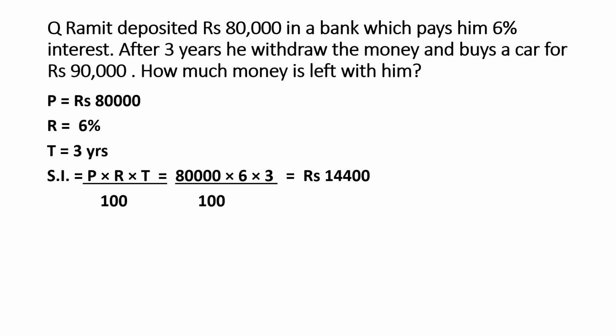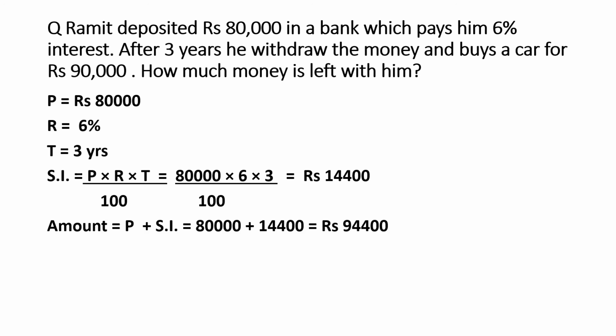First we need to calculate simple interest. Simple interest is equal to P into R into T by 100: 80,000 into 6 into 3 by 100, that is 14,400. Now simple interest we have taken out. The next step is amount: principal plus simple interest, 80,000 plus 14,400, that is 94,400.